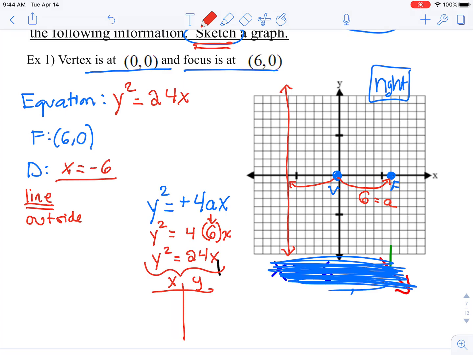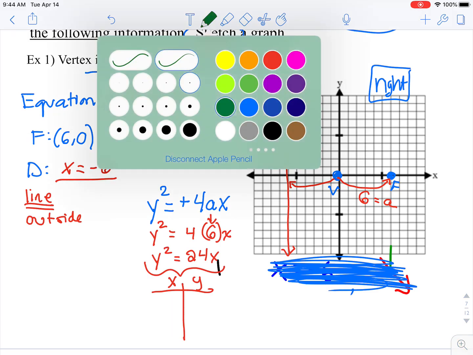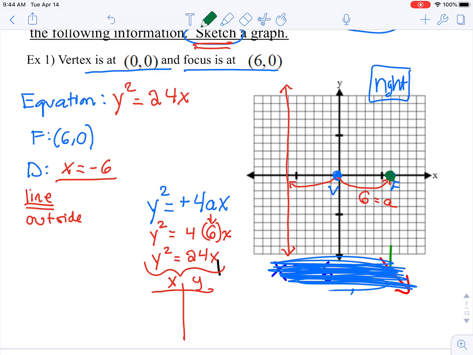Now I'm going to use the x value of 6, just because that's our focus point, which we've already kind of said is kind of a key point. So if I plug in an x value of 6, my equation is y squared equals 24 times 6. y squared is 144, and when I take the square root, y could be positive or -12, which means I technically have 2 different points that I could plot here.